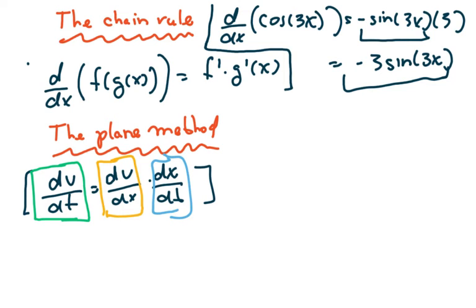So dv over dt is going to be our final answer, the final result of the chain rule. v is going to be the outer function, and x is going to be the inner function. So let's write that down. This is the outer function, and in blue we have the inner function.